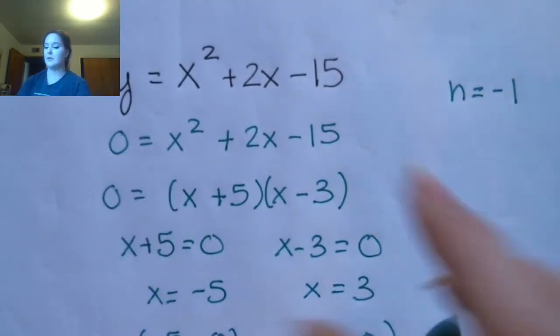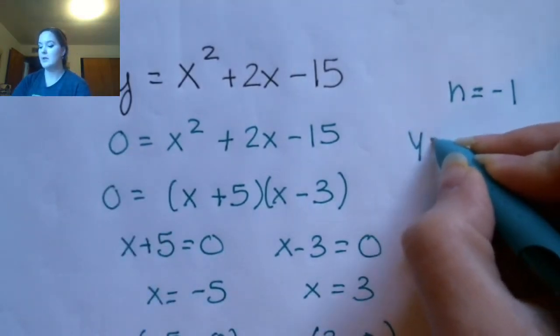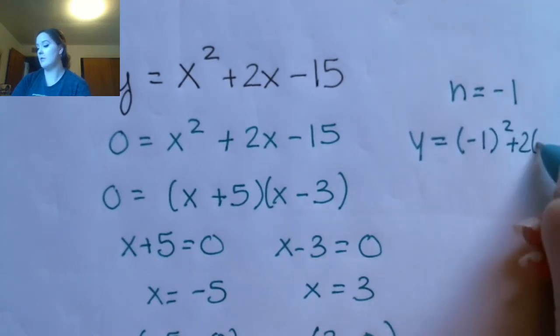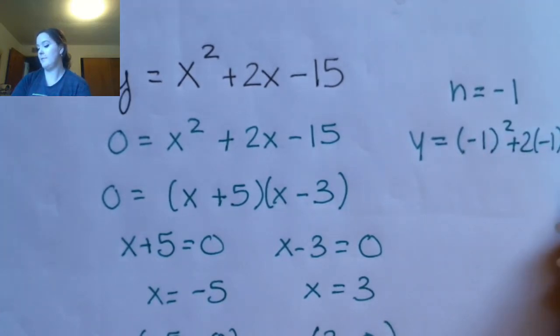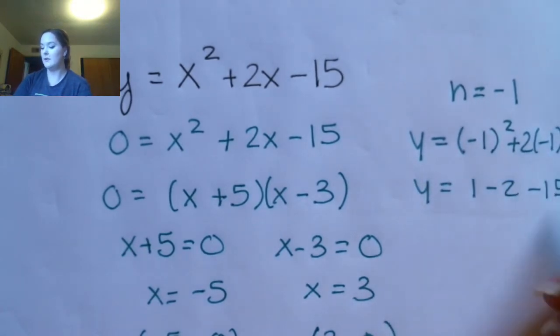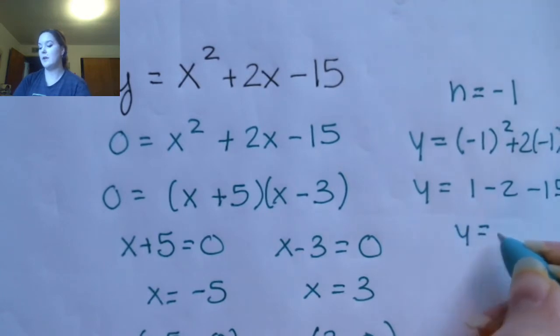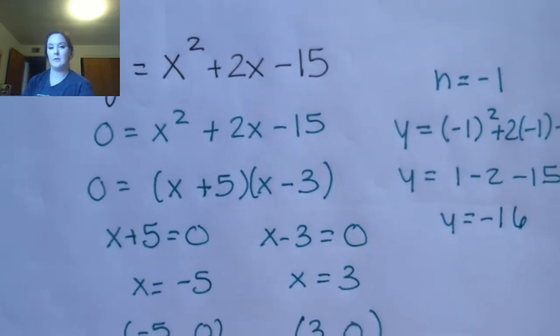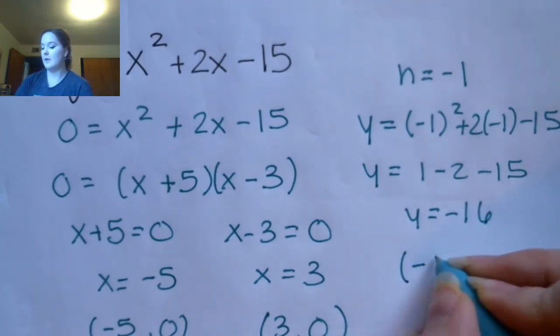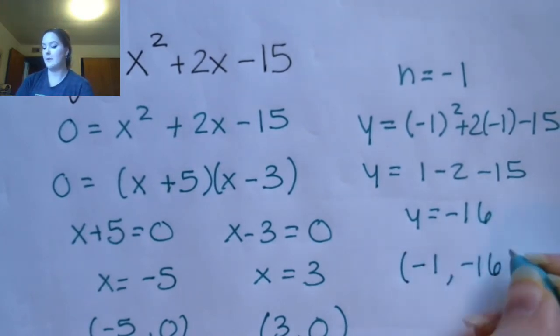And then I'm just going to plug this back into my equation to get my corresponding y value. So I get 1 minus 2 minus 15, which is negative 16. So this means that my vertex is going to be negative 1, negative 16.